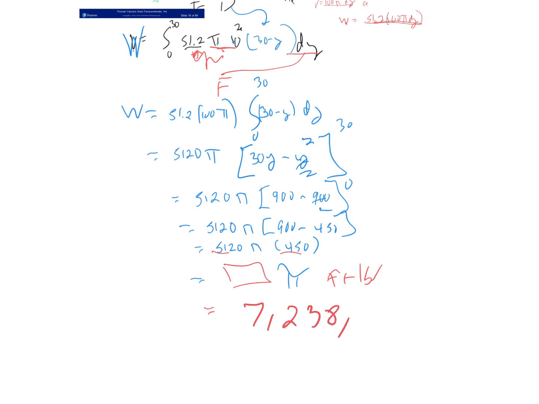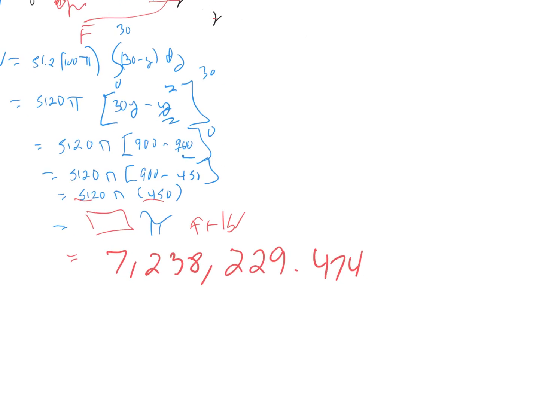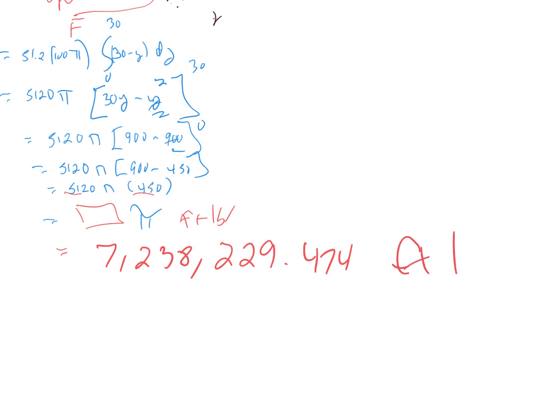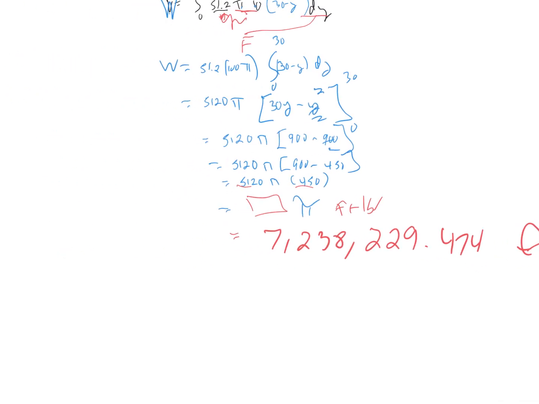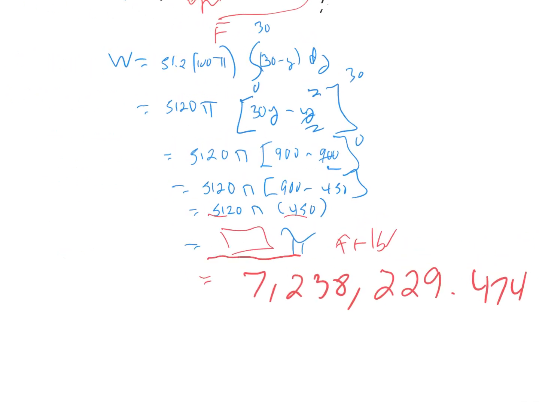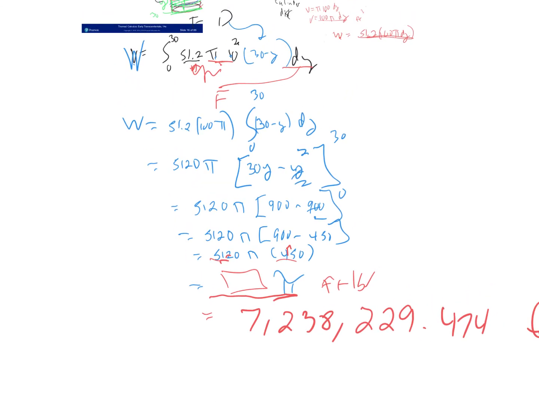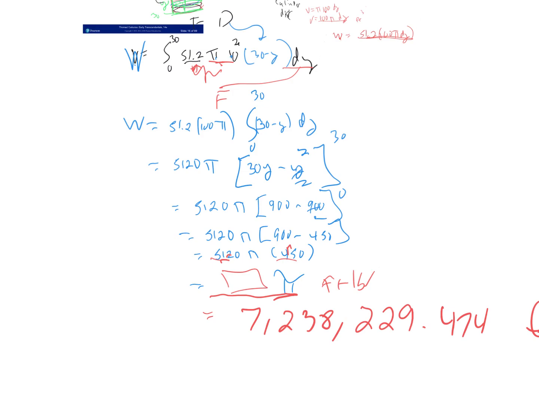And how much more oil? 229. You need 3 decimals if you're going to choose to multiply in the pi. That would be 474 foot-pounds. But as I always say, you can leave the exact answer if all you did is multiply those two numbers together.